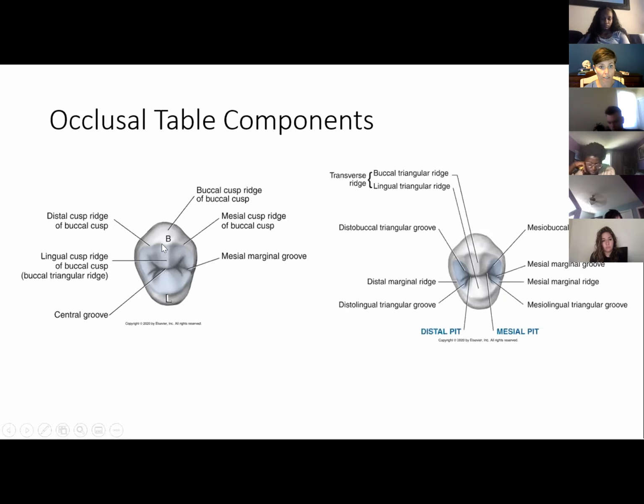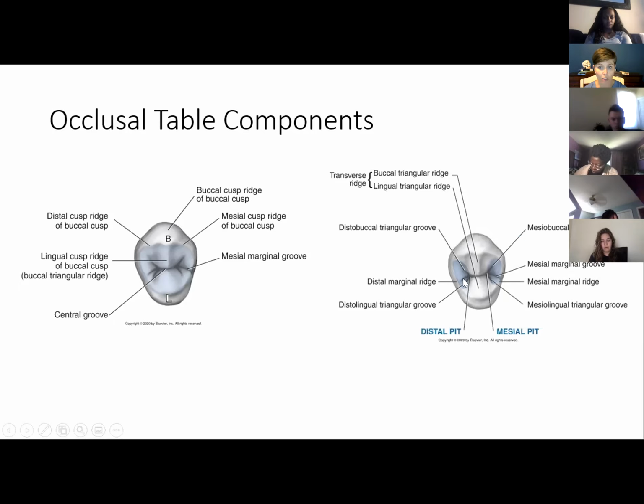So those are your ridges. And then you have your central groove, which all premolars and molars have. Your mesial marginal groove runs over the mesial marginal ridge, okay? And then we have two pits. You can see here, this is the mesial pit, and then this is the distal pit.